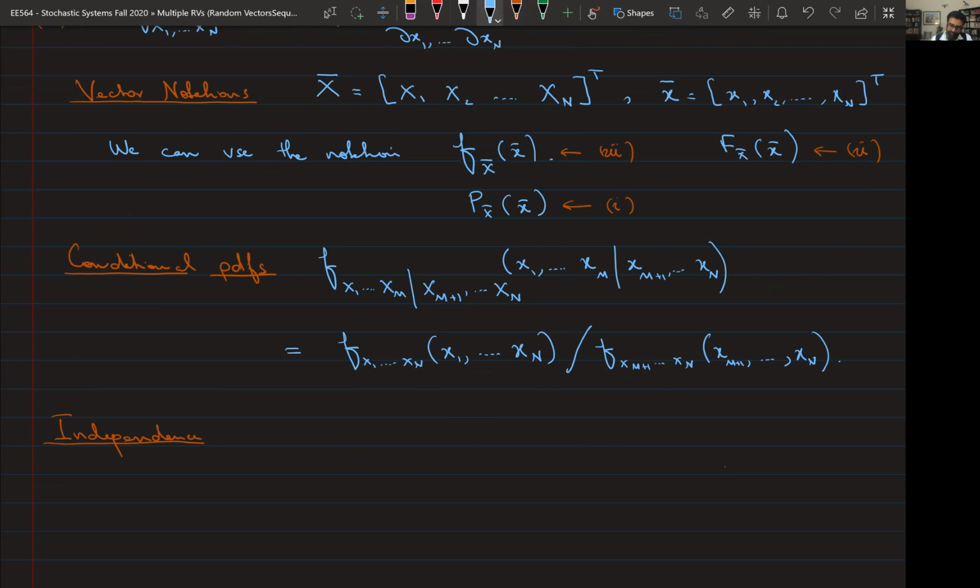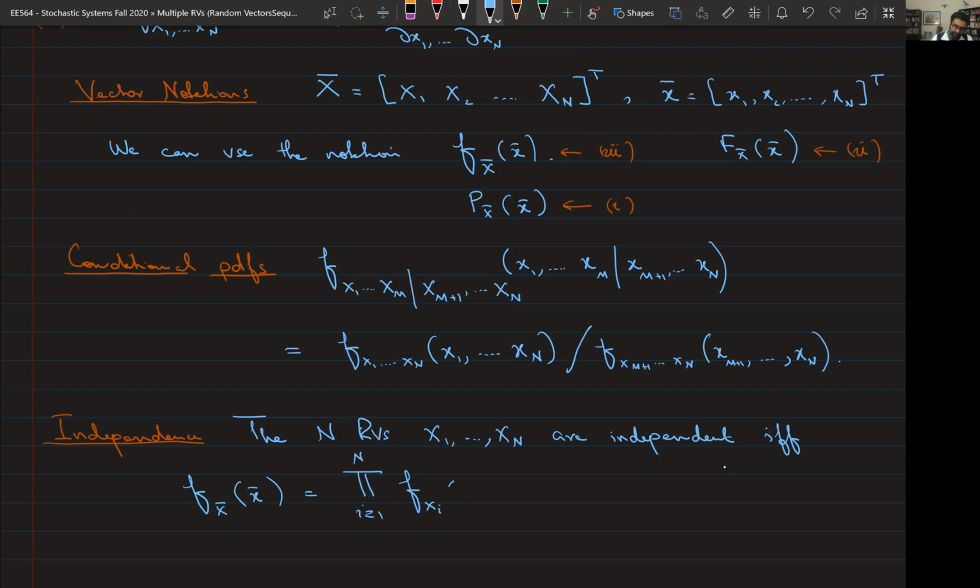So we say that the n random variables x1 through x sub n are independent if and only if the joint PDF of the vector turns out to be equal to the product of all of the marginals, f of xi, small xi, right? So this is when the n random variables are independent, statistically independent.